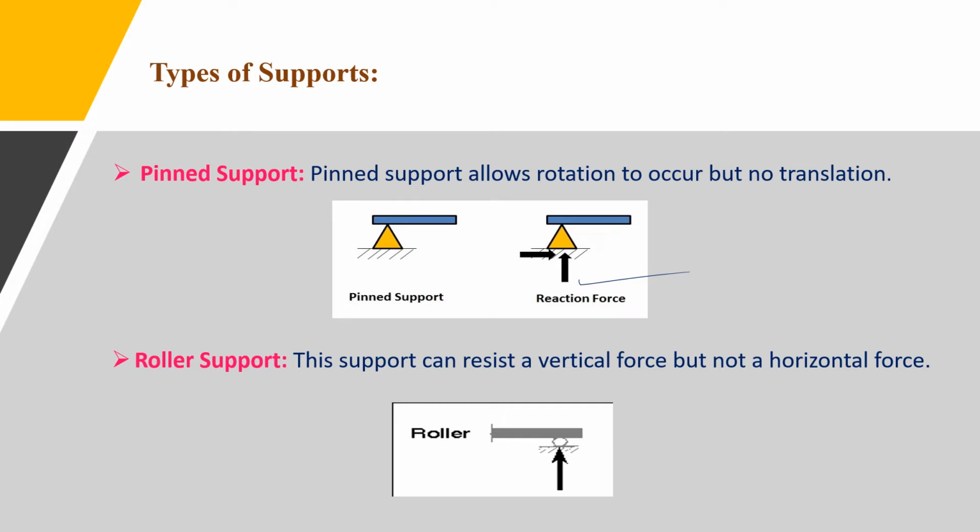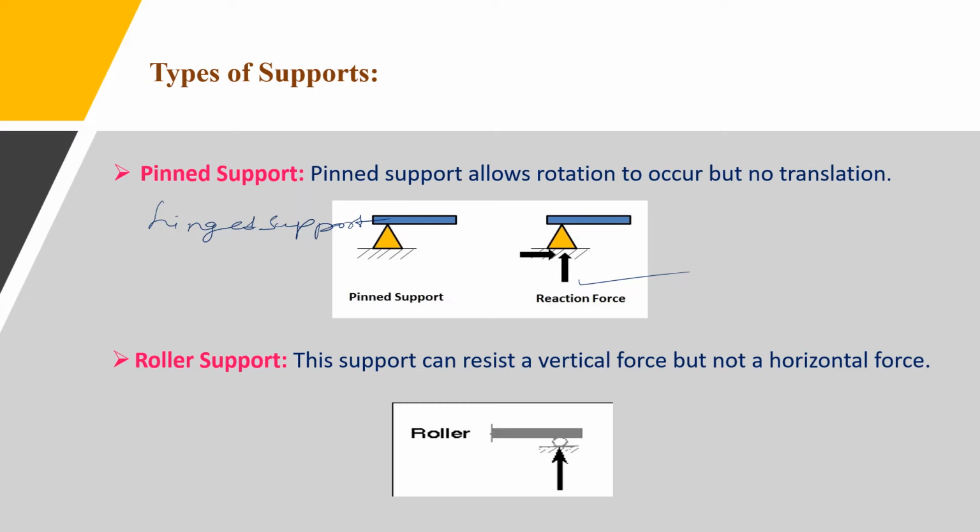And this pinned support is also known as a hinge support. This pinned support is also called a hinged support. Best example for this pinned support is doors and windows.